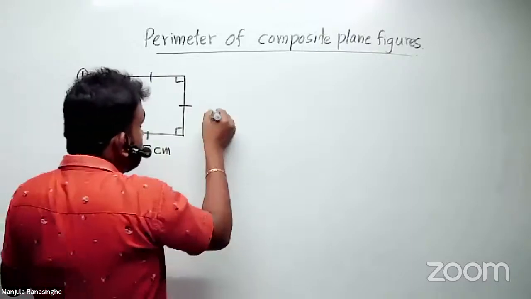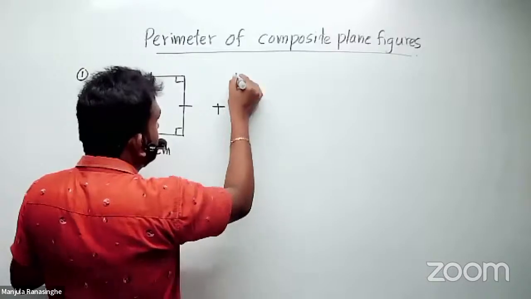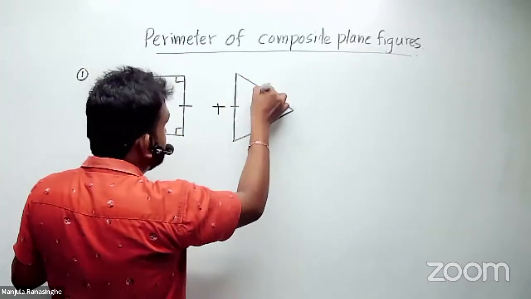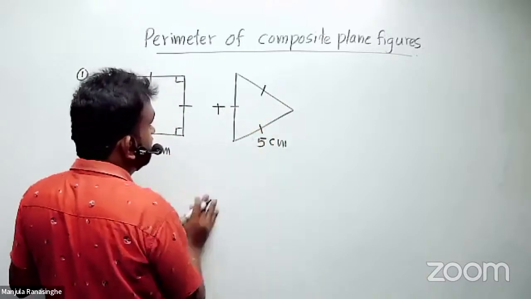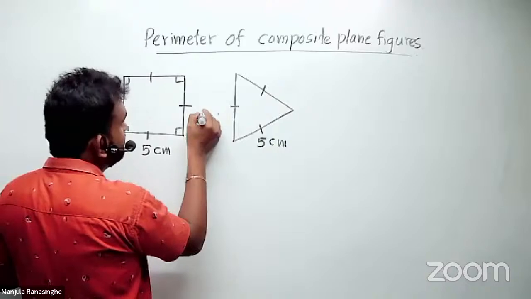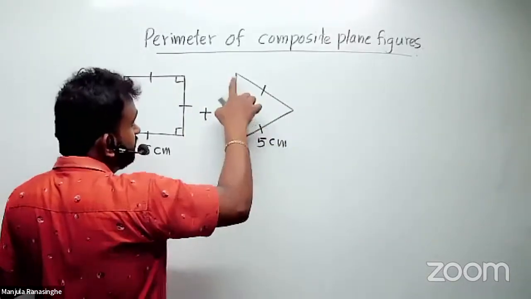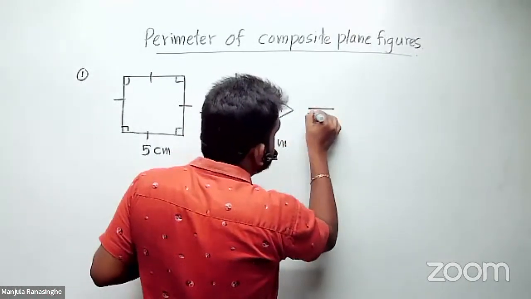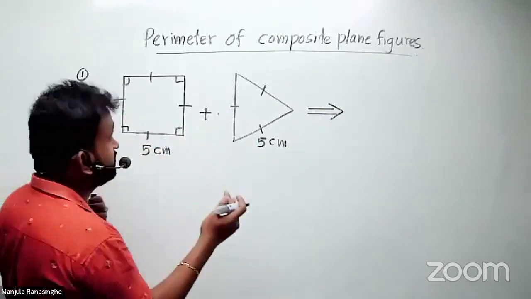Then I combine with it a triangle, an equilateral triangle, to give an idea of what a composite figure is and how to deal with its perimeter. This is an equilateral triangle with side length 5. Then the composite figure is this one.